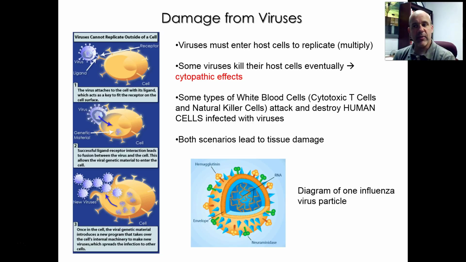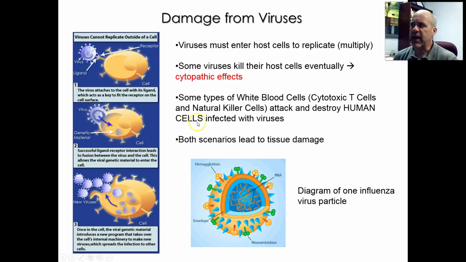But when we get into Chapter 13, we'll see that you have specialized lymphocytes whose job it is to identify cells in the body that have viruses or other types of microorganisms inside. And what they do is they actually kill those cells. So they're sacrificing those host cells in your body to try to limit spread of the virus or another type of microbe that might be an intracellular invader.